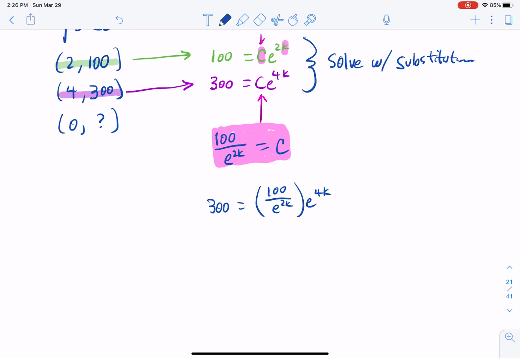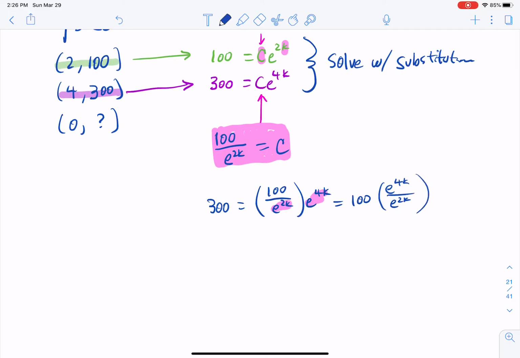I'm going to write the 100 by itself and combine the e to the 2k and the e to the 4k, one on the top and one on the bottom, over e to the 2k.